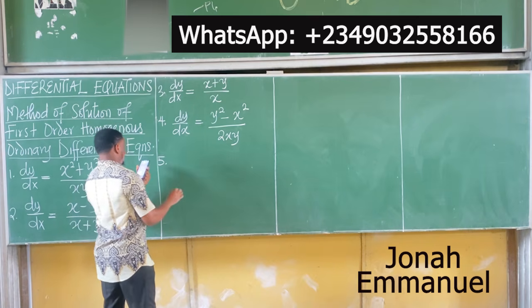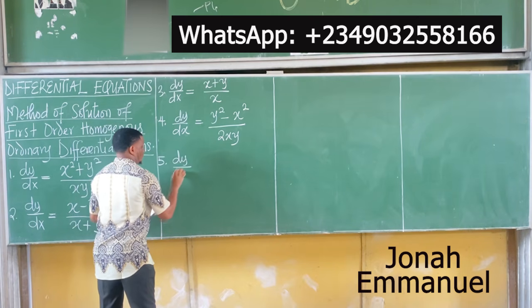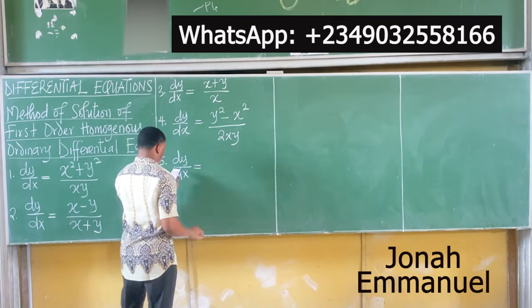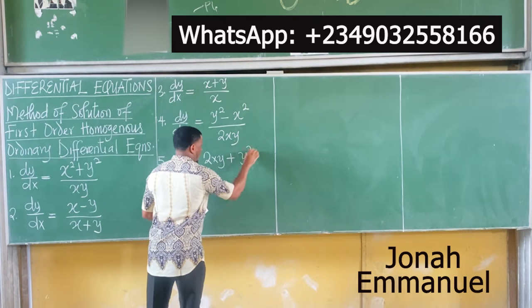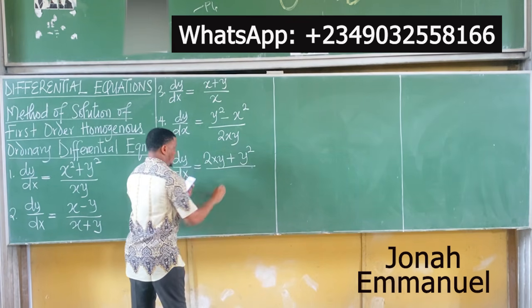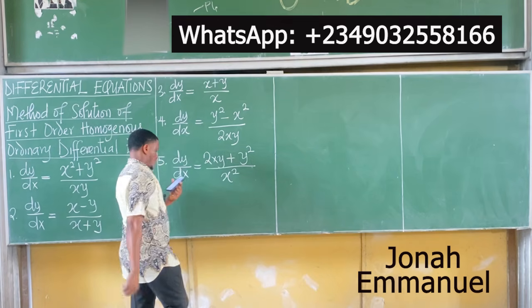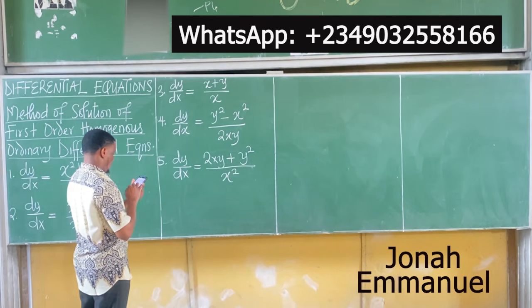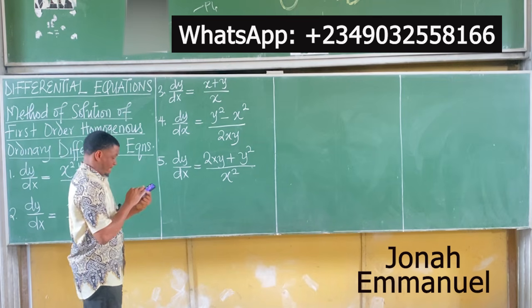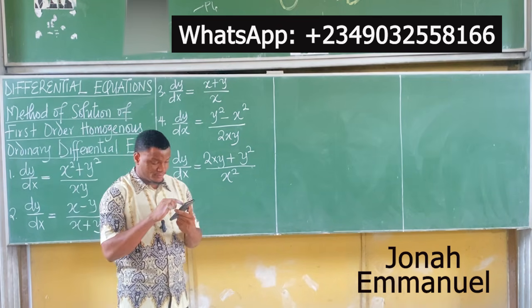Number five, you have dy/dx equal to 2xy plus y squared all over x squared.